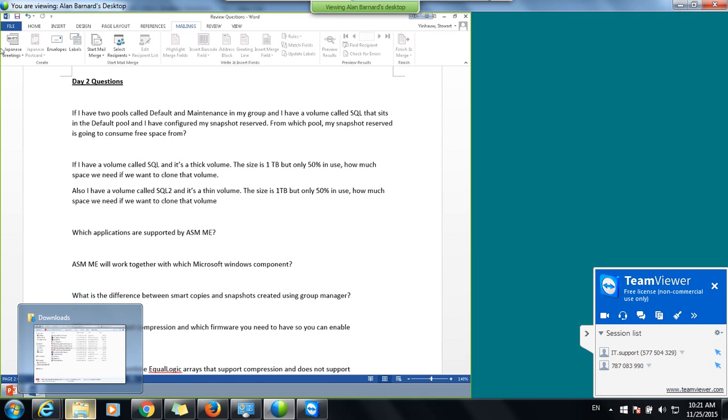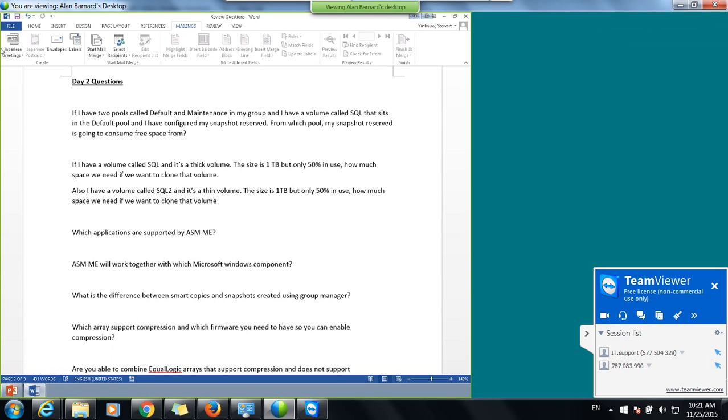Going back to the ASM slides that we covered yesterday, we can see that there is a different process when we create smart copies. There is a different interaction between VSS and your application. So what is actually happening there? Why smart copies?